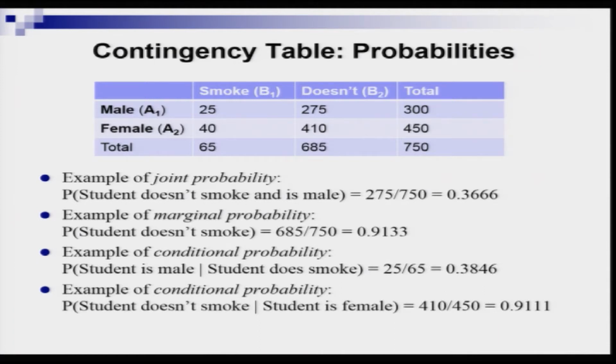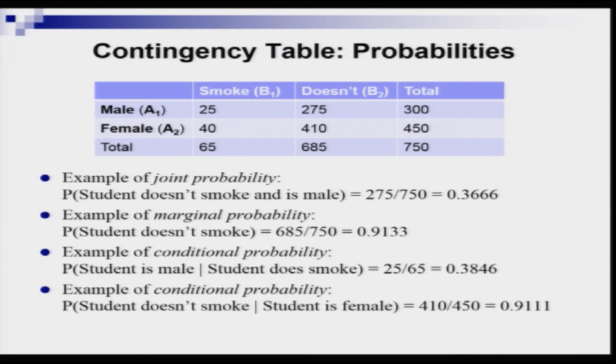So, we have to find the appropriate cell, and the appropriate cell gives me a frequency measure of 275. Now, that has to be divided by the total number of elements in the sample, or sample size you can say, and that is 750. So, 275 divided by 750 will give you a probability figure of roughly 0.36.